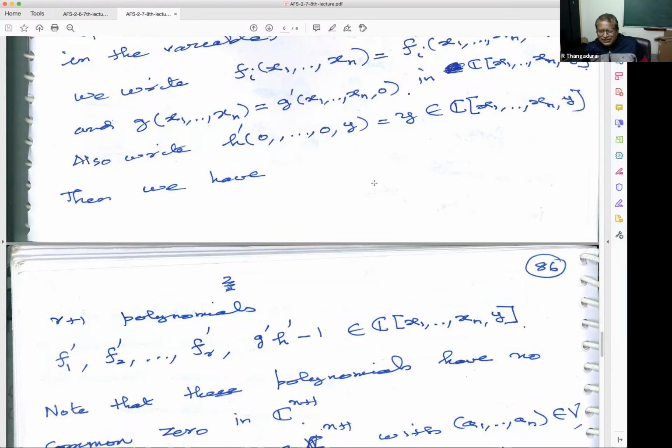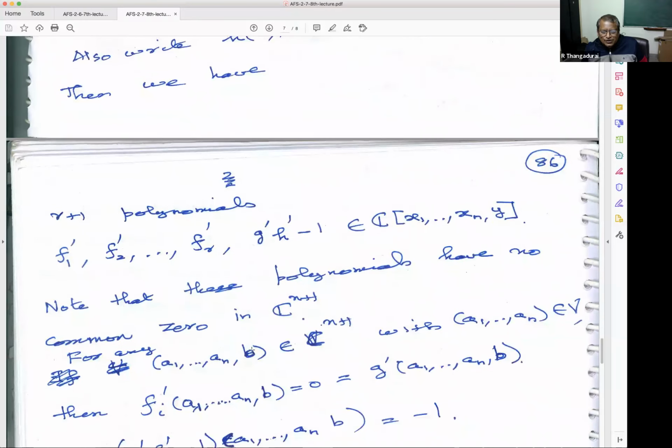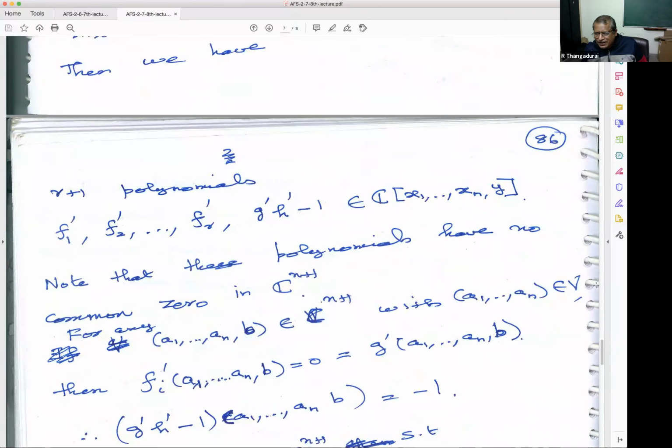Just take a random point a1, a2, ..., an, comma b, where a1, a2, ..., an comes from the variety V. When we plug this point into the f_i's and the g h minus 1 also, since it comes from the variety V, the f_i's are going to be 0. The y variable is not there at all in these f_i's, therefore whatever value b you put, it doesn't matter, it is going to be 0.